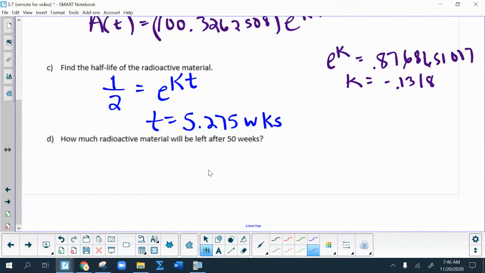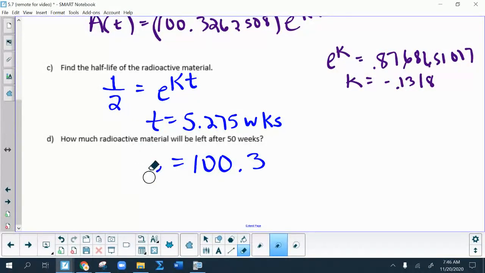And then part D says how much radioactive material will be left after 50 weeks. Okay, so we're going to set this thing equal to 50. Nope, we're not doing that, sorry. We're going to put 50 in for time.